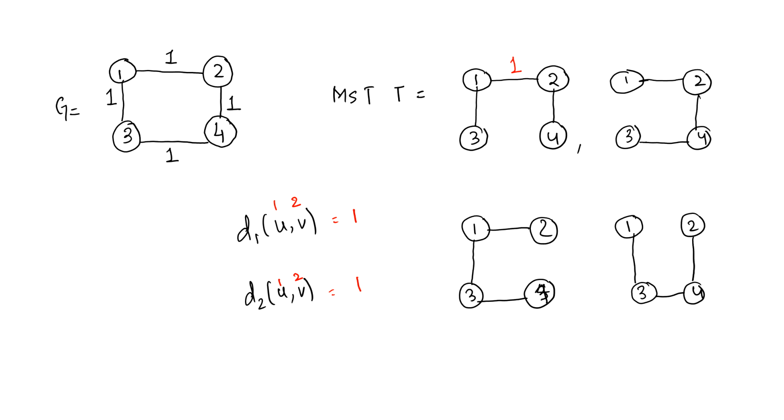So we can refute the option that D1 and D2 are never equal. Then the second possibility: can they be greater than or equal to? So we have now refuted the option that they cannot be equal. Now there remain two more possibilities to check, whether D1 and D2 are always equal or D1 is less than or equal to D2.